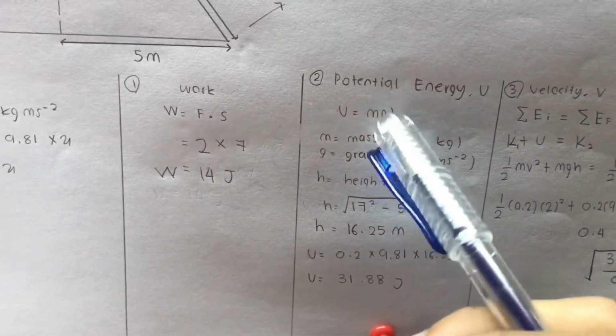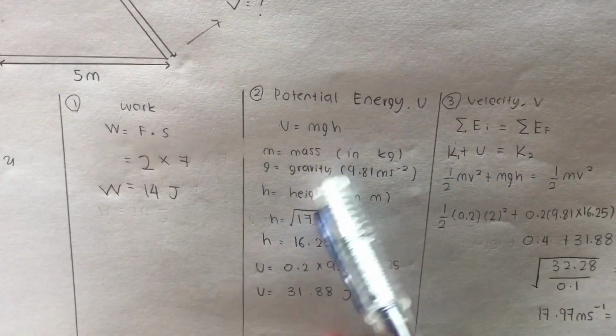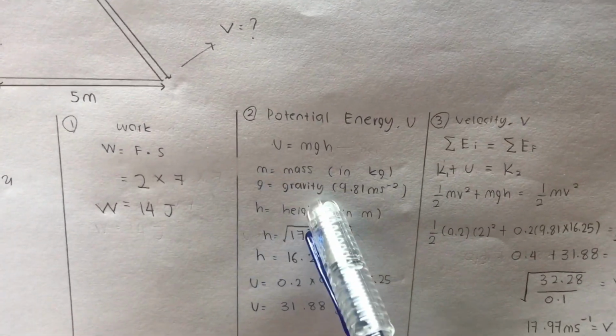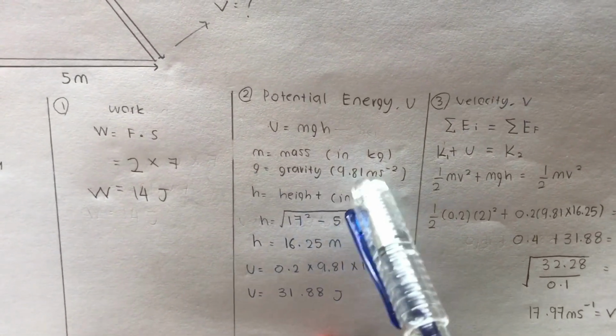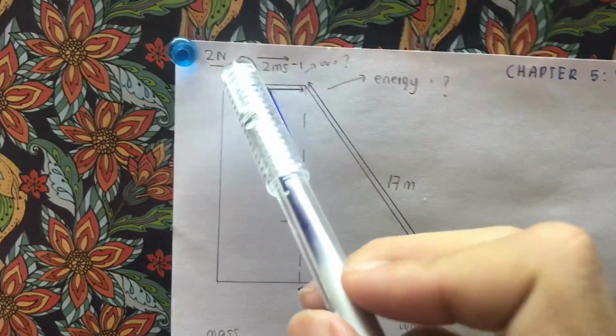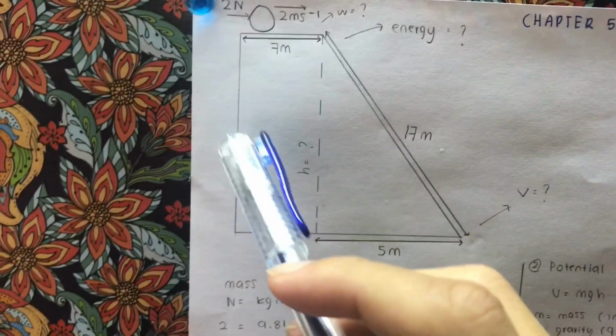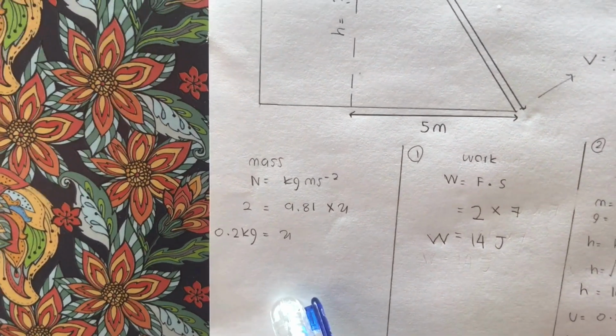Next, for the potential energy, we use the formula U equal to mgh. M is mass in kg, g is gravity, which is 9.81 ms to the power of negative 2, and h is height in meter. To find the mass of the ball, we use N equal to kg ms negative 2.